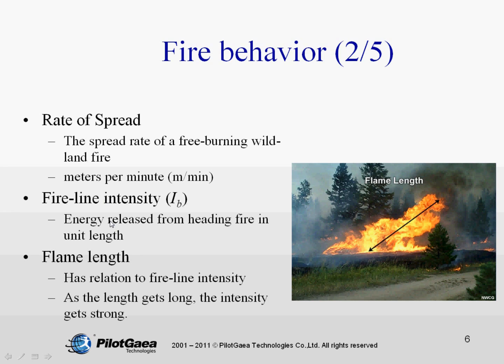After getting the fireline intensity, the system can get the flame length. As the length gets longer, the fireline intensity gets higher. The flame length also has a relation to the burning of crown trees.